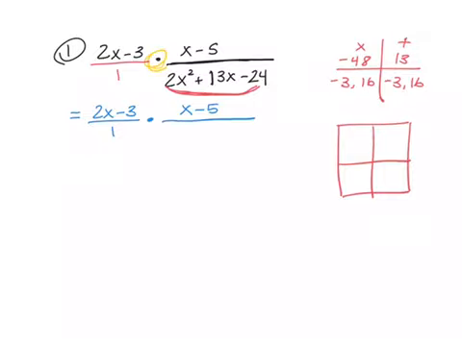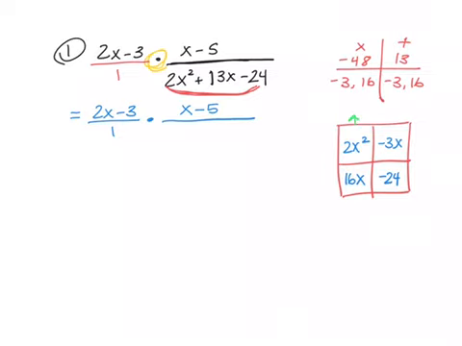So if I fill in the box now, in the upper left I have 2x squared, and in the bottom right I have negative 24. Now I'm going to use that negative 3, so negative 3x, and positive 16x in the box. And now I need to look in each row and each column for common factors.